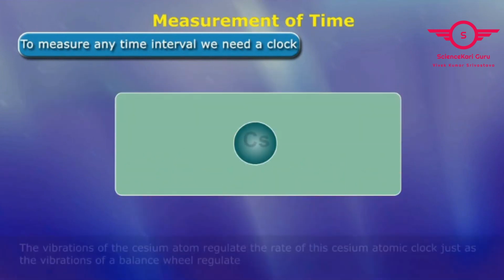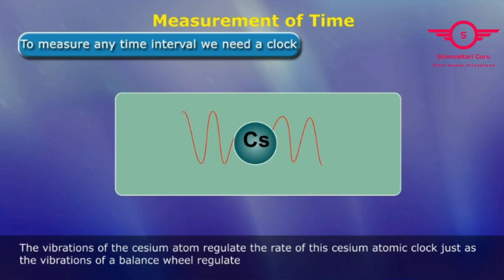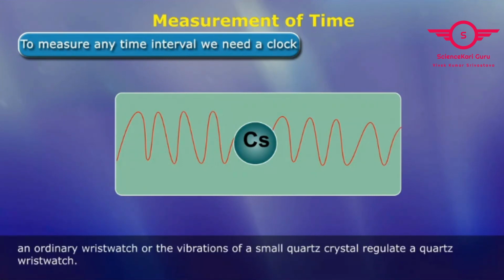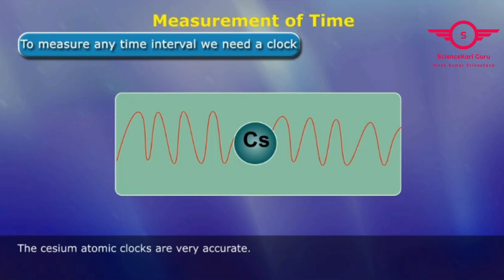The vibrations of the cesium atom regulate the rate of this cesium atomic clock, just as the vibrations of a balance wheel regulate an ordinary wristwatch, or the vibrations of a small quartz crystal regulate a quartz wristwatch. The cesium atomic clocks are very accurate.